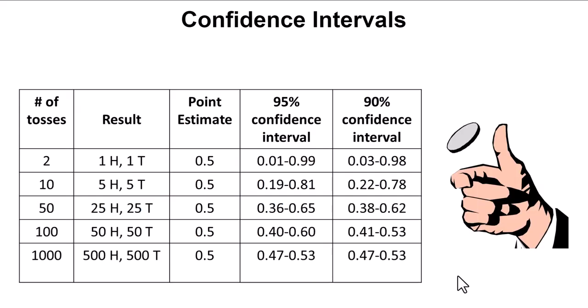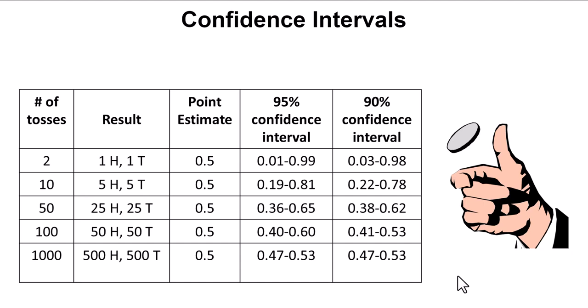Confidence intervals: you can think about identifying them as flipping a coin. If you toss the coin 2 times and you got one head and one tail, that's 50% of each, which means your point estimate is going to be 0.5 or 50%.